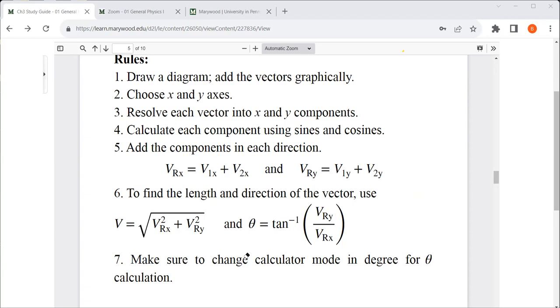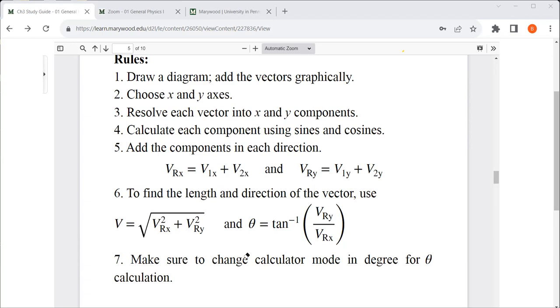Here I taught how to add vectors using different methods. We learned two graphical methods, the tail to tip method and the parallelogram method, and then the analytical method. The analytical method is important as most of the time we are going to use it to solve problems, but that doesn't mean we should not learn the graphical method, because it gives us a graphical picture.